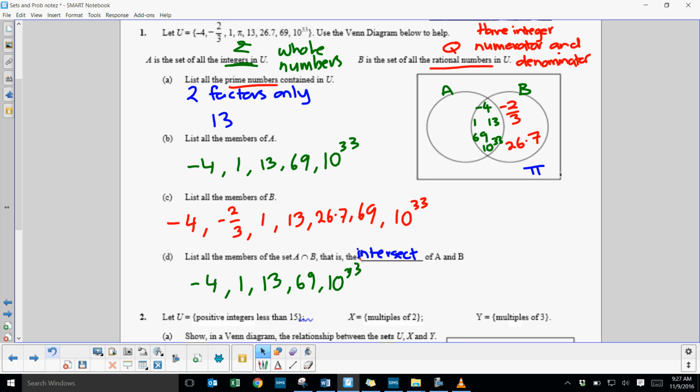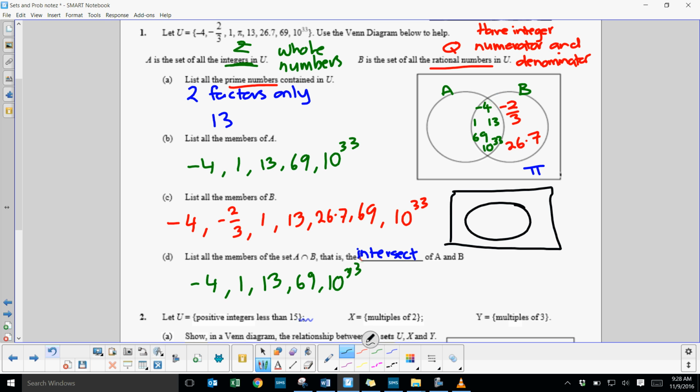So that's how you would fill in the Venn diagram. You might have noticed that it turns out that A is actually a subset of B. So technically the Venn diagram could be written like this, like was done in the previous warm-up, where you have B, the rational numbers on the outside, the universal set there, and you have A on the inside, because it is a proper subset.